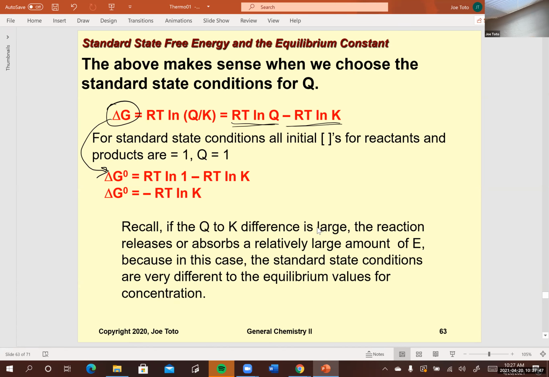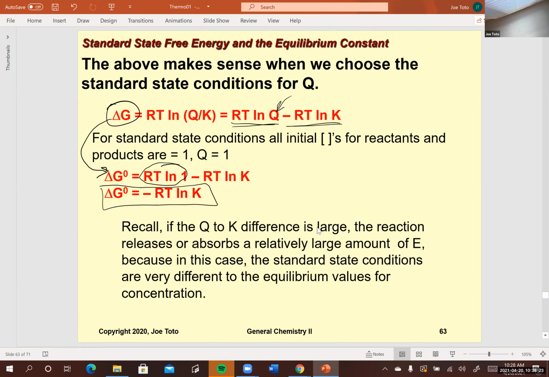Under standard conditions, the concentrations of all the reactants and products are 1 molar. So Q can be replaced with 1, and that whole term drops out because the log of 1 is 0, and I get my relationship between K and delta G.